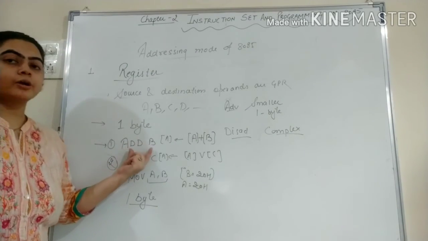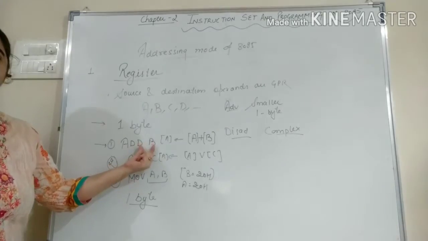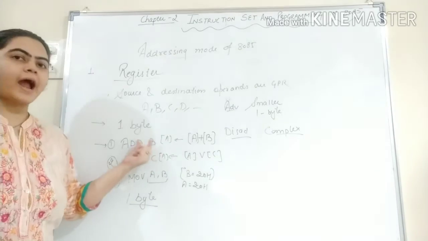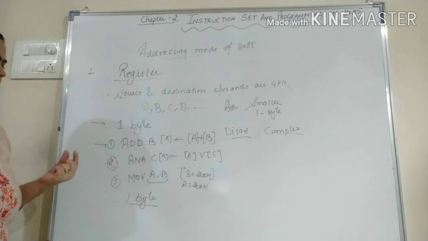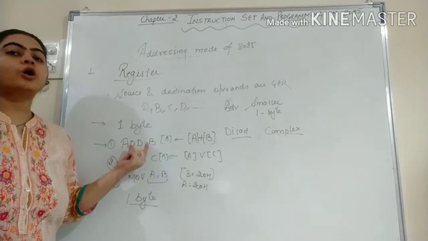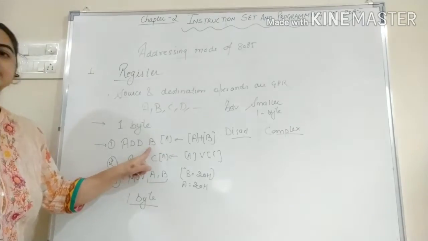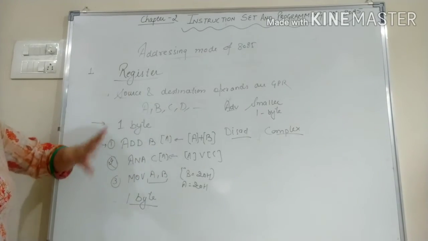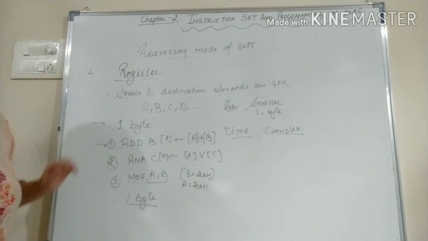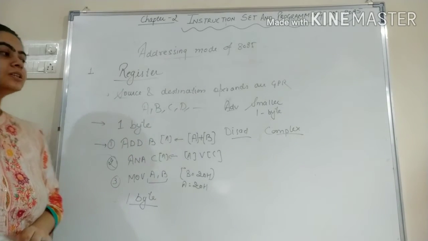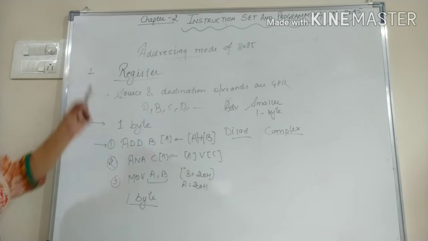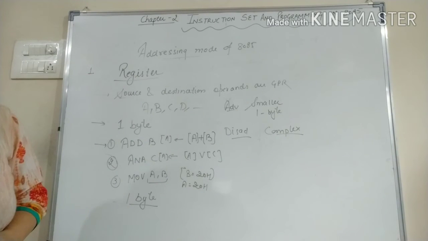Likewise, with ADD B, whatever contents are present in the B register will be added with the contents of the A register, and the user will not know what is present inside these registers. So all the data is hidden inside these registers, and this addressing mode is a complex type of addressing mode.